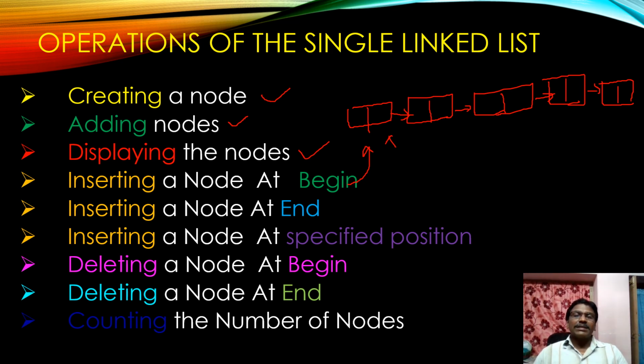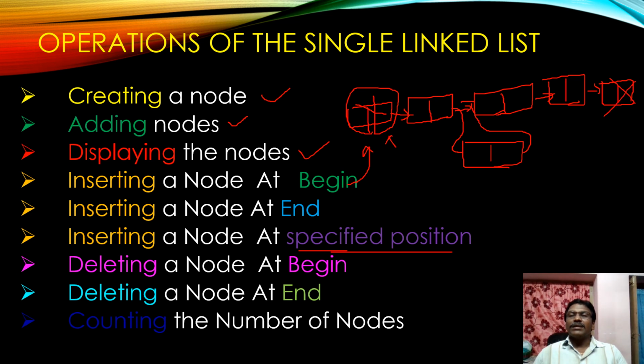Another one, insert a node at a specified position. It means, for example, you can add at the second position, so this link goes to this. In the same way, deleting a node at the beginning means deleting the starting node, and deleting a node at the end means deleting the last node, and counting the number of nodes.